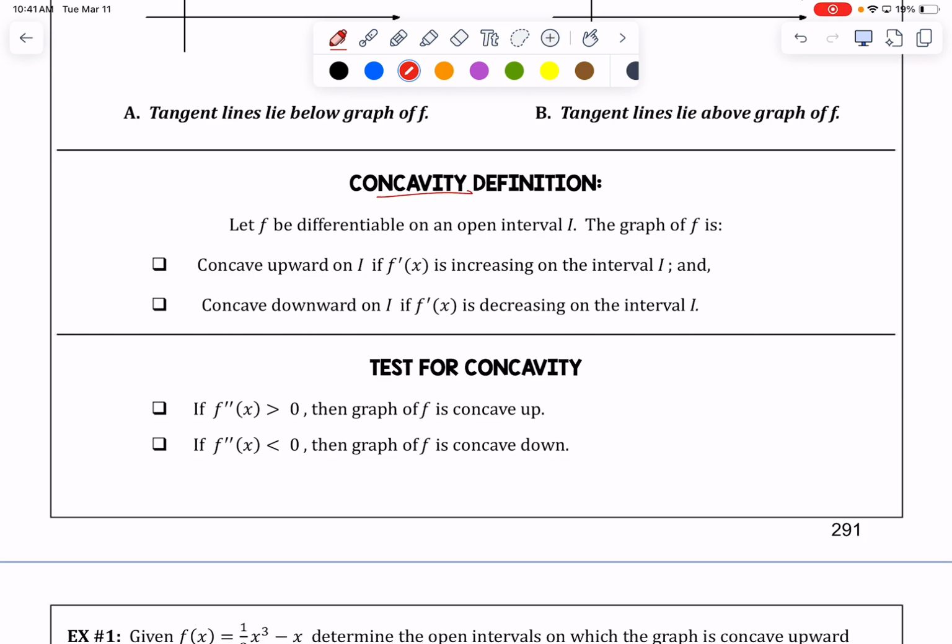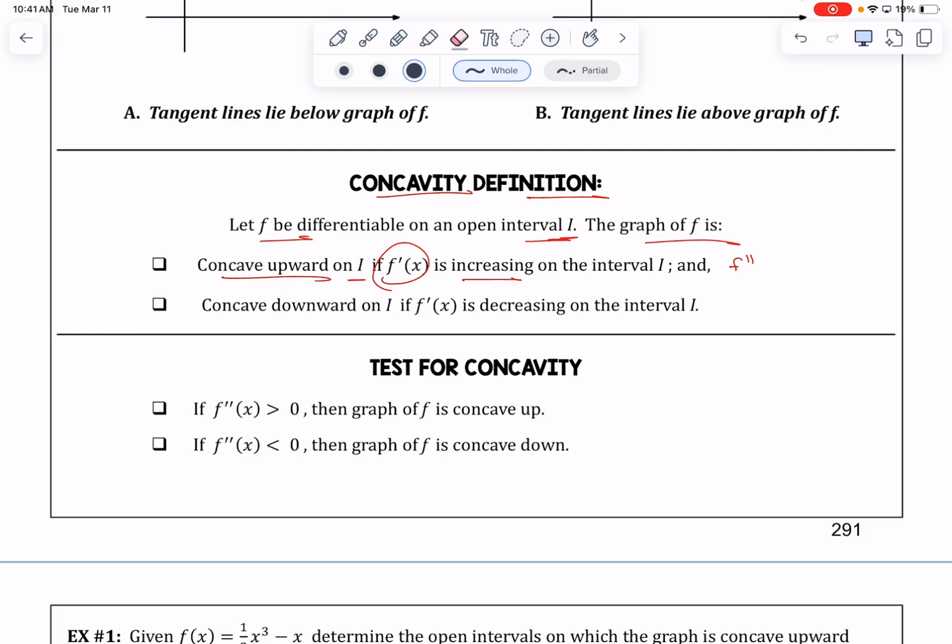Concavity definition. Let f be differentiable in the open interval containing I. The graph of f is concave up on that interval if f prime is increasing. Now, I want to know what that means. If f prime is increasing, what does that mean about your second derivative? Positive. F double prime is positive.